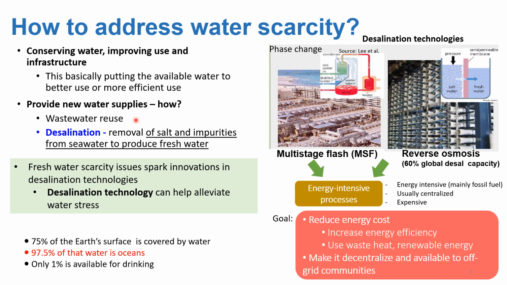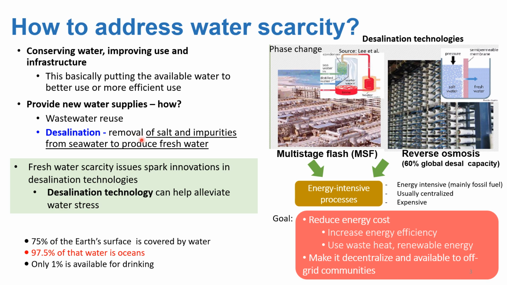Among these unconventional sources of water are wastewater and seawater, wherein they can be treated efficiently to a quality fit for purpose. Today, I am going to focus my talk on desalination technology. As we all know, we have vast amounts of seawater around the world, but they cannot be directly utilized due to their high salt content, which is around 3.58% in seawater.